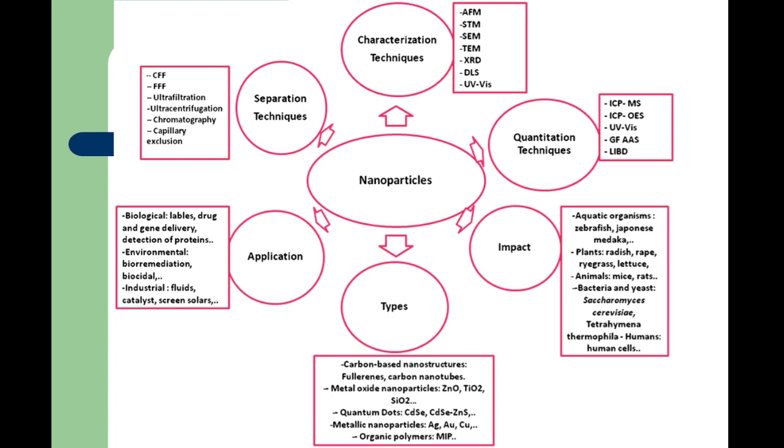Then we have metal oxide nanoparticles. That one is very common; we use it often. We use zinc oxide, iron oxide, titanium, magnesium oxide, iron, silver. We have worked on silver, zinc, magnesium, nickel.